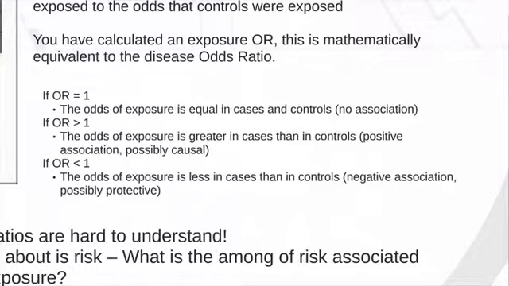If our odds ratio is greater than 1, then the odds of exposure is greater in cases than in controls, and therefore the exposure is a risk factor for your outcome. Same thing as relative risk. Meanwhile, an odds ratio less than 1 means the exposure was a protective factor. Same thing with relative risk.